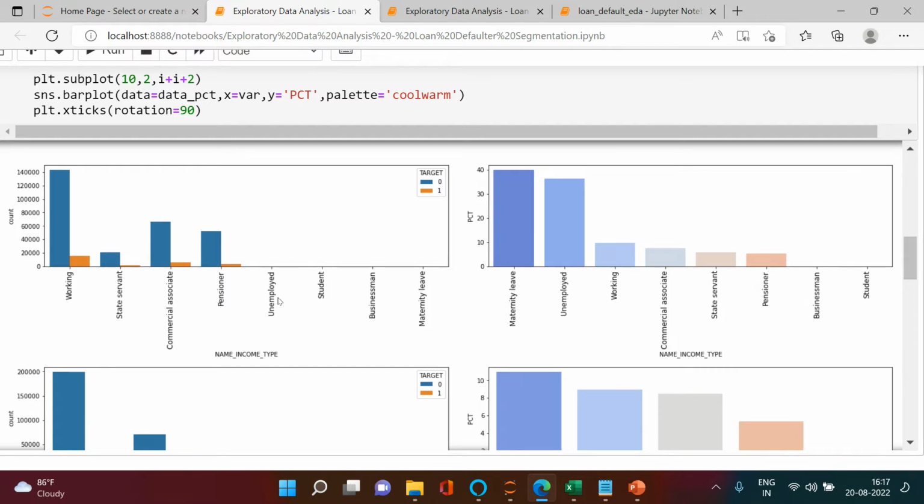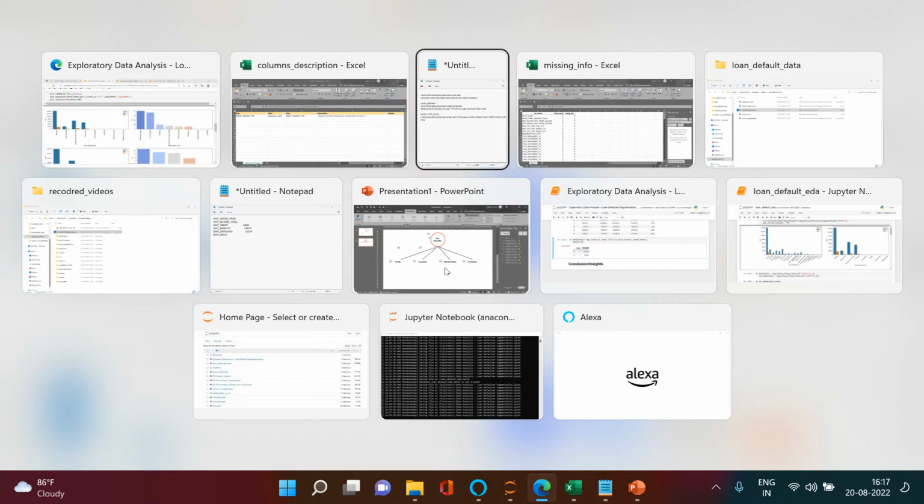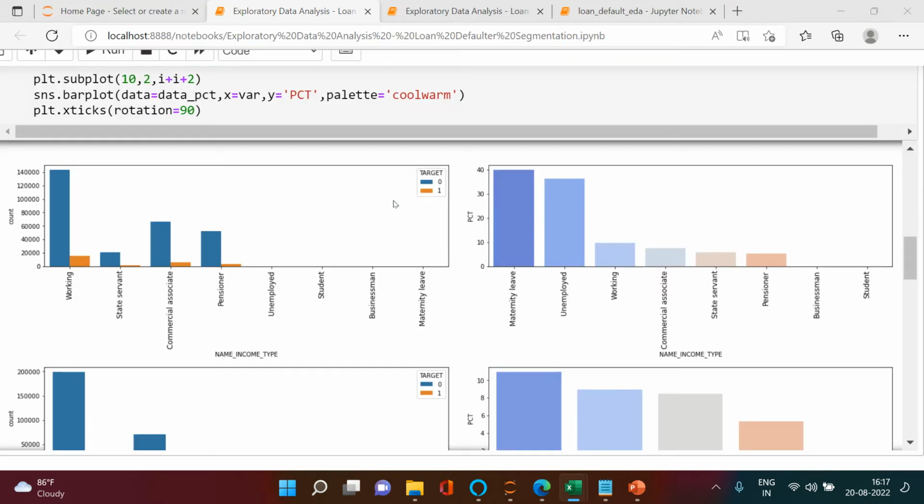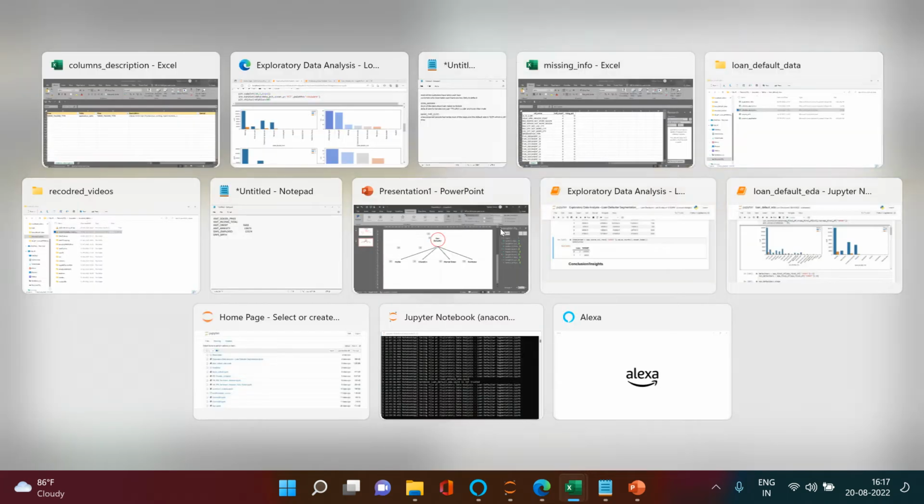Okay, so let's write, we are doing this analysis for which variable? For the income type variable. I'll just write it down.